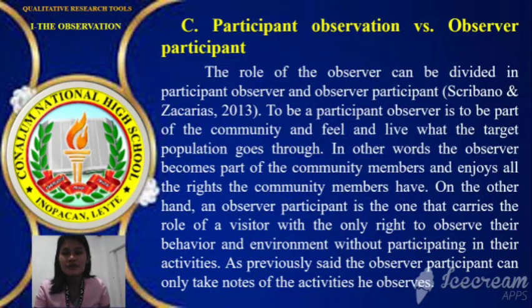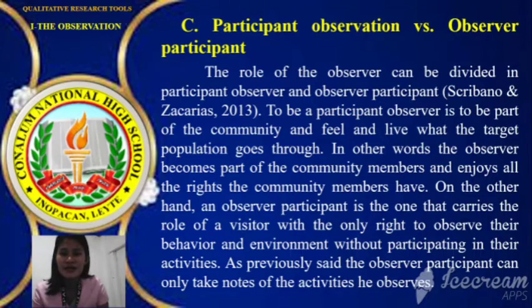The role of the observer can be divided into participant-observer and observer-participant. To be a participant-observer is to be part of the community and feel and live what the target population goes through. This happens, for example, in ethnographical research, wherein you as a researcher will live with the participants, with the respondents.